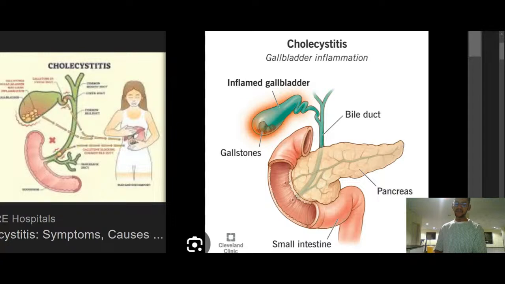A positive Murphy sign is almost diagnostic of acute cholecystitis. A Murphy sign is essentially when you put your hand on the abdomen, and when the patient breathes in, that's when the patient has the pain.